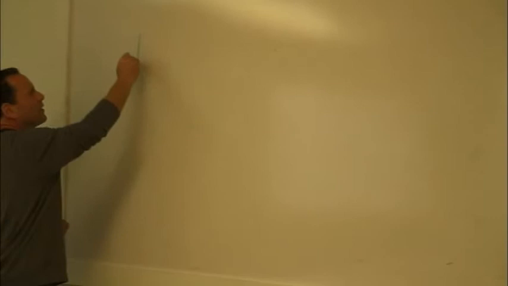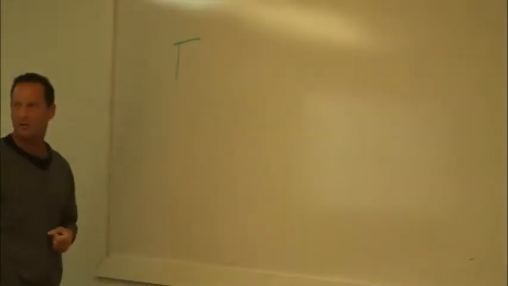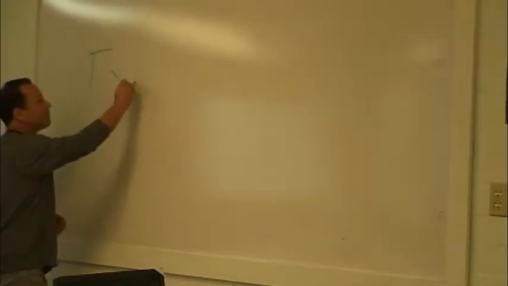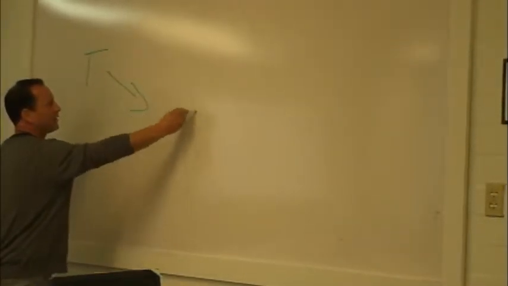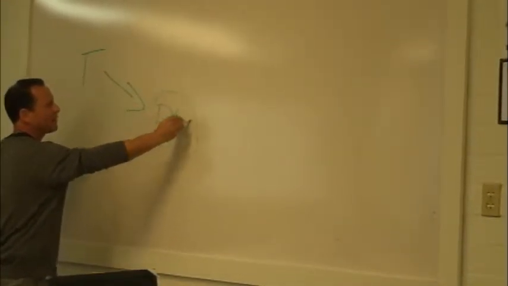So let's say I have a treatment variable. I'm going to call it T. I have a treatment variable that maybe, assumedly, impacts the DV. Everyone clear on that? X is a covariate.